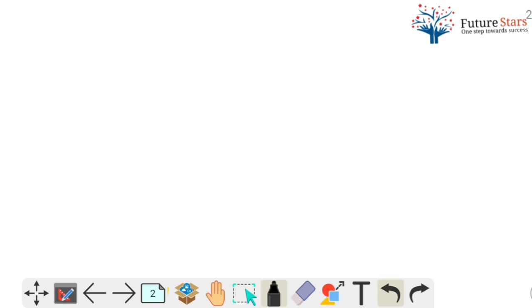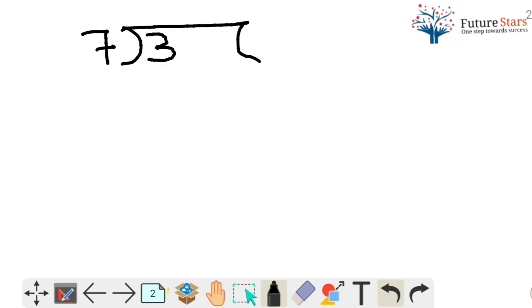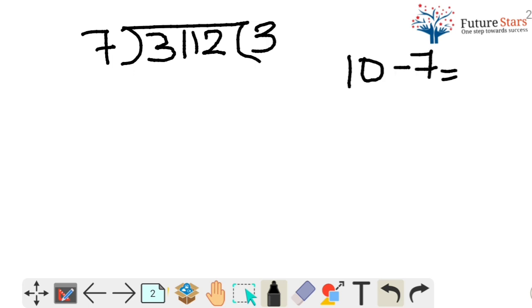Okay, let's take the next question: 3112 divided by 7. Write here 3, because I hope till now you understood why we are writing 3 over here: 10 is our base, minus 7 is 3.